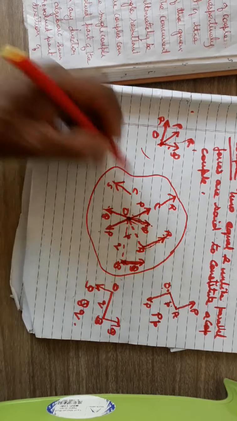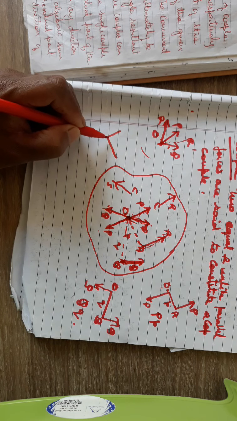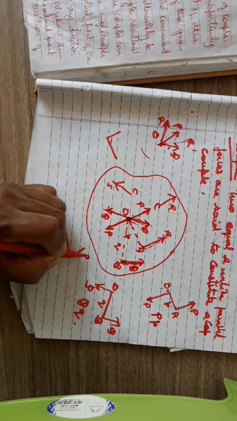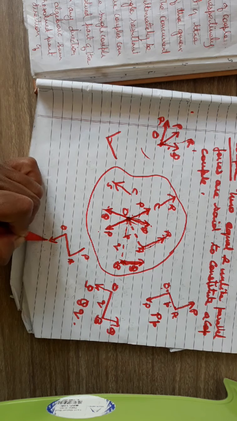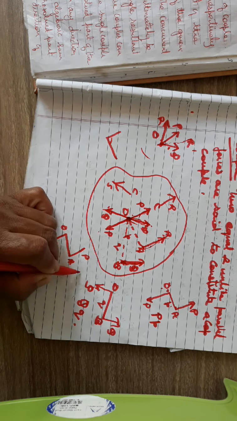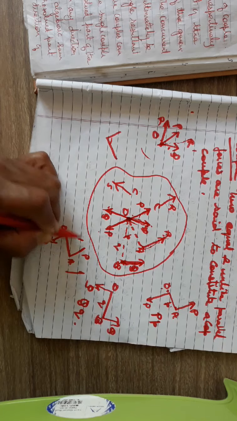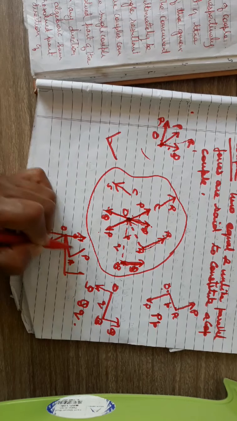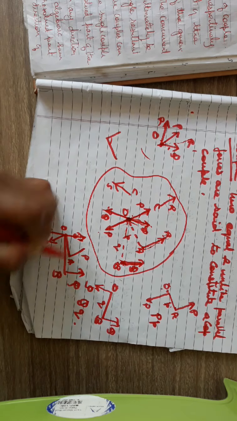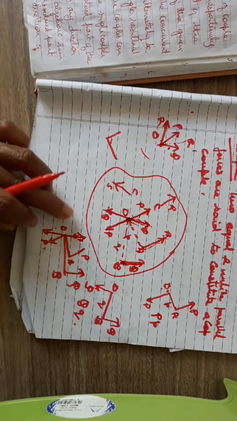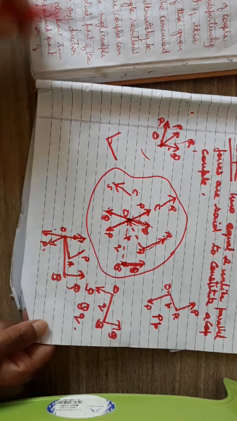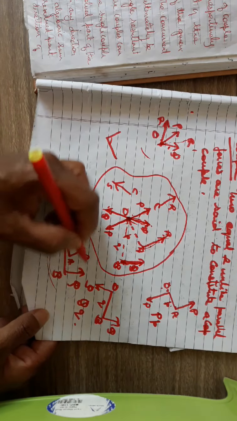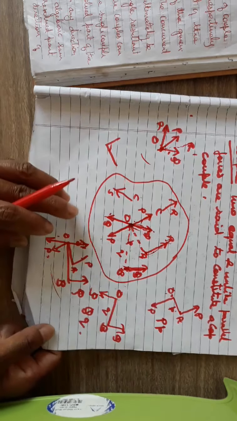And similarly with the couple, let me draw here. This force P acting at A, and this force Q acting at B. All these forces which form a couple can also be combined together into a single couple.